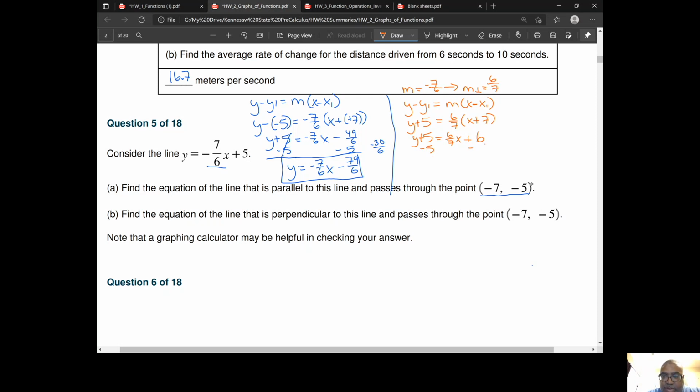Minus 5, and I end up with y equal to 6/7 x plus 1. A graphing calculator is not needed. You can check it with that if you want to, but it isn't necessary though.